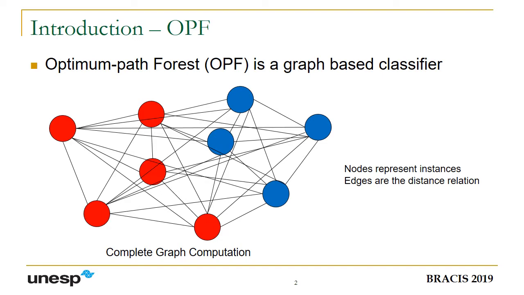In this case, we are using a complete graph to compute the distance of all instances. Each node here represents an instance, and the edge is the relation of each instance, computed by means of a distance measure.